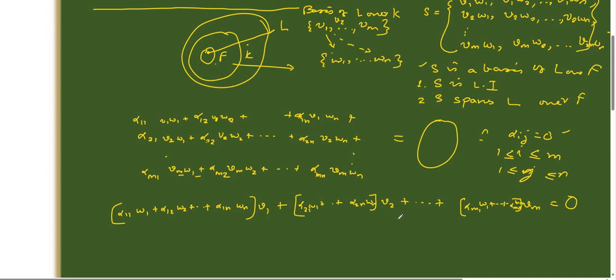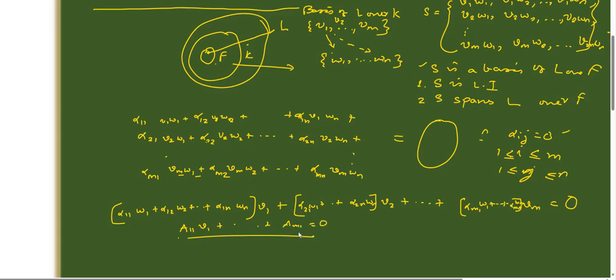Now we can call each coefficient, say, A1 times V1 plus, and so on, up to Am times Vm, some scalars like this.